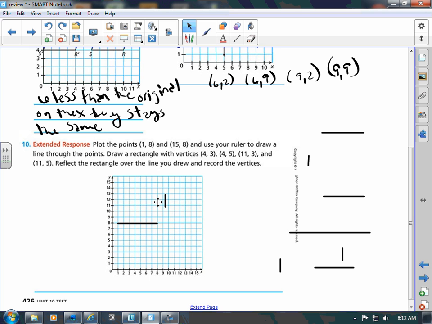Let's see, did I do that right? Oh, this is my long line, 1, 8 to 15, 8. I need my longer line. That's my problem. Okay, so it would look like this, and that's the line that I'm going to reflect across.